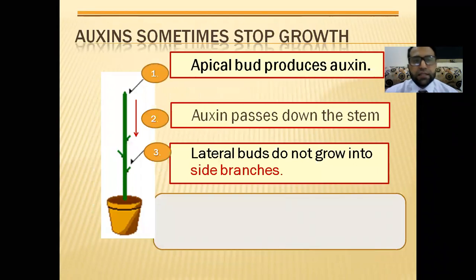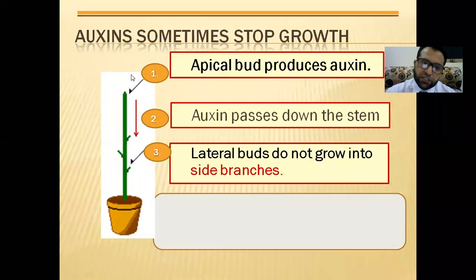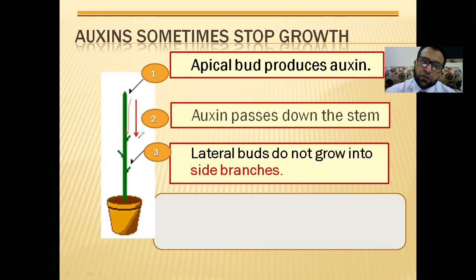Now, another thing about auxin is that auxin sometimes stops growth. Let's see the example. Actually, auxin is produced in the apical bud, the tip, and that auxin is distributed down. When it is distributed down, auxin also stops the growth of the lateral bud, the side bud from which a branch comes out.